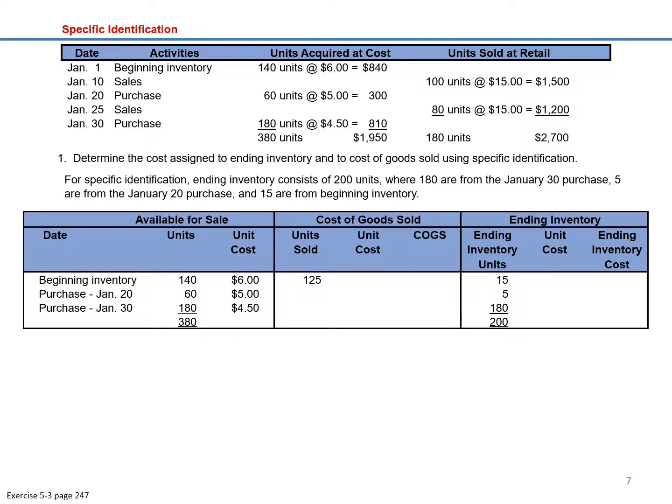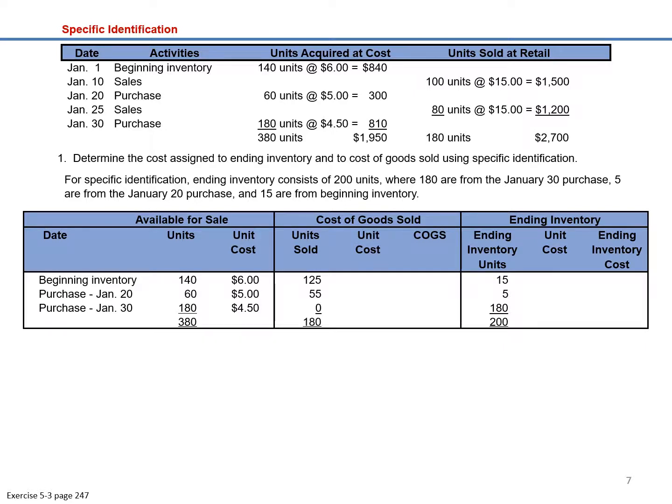125 plus 15 is 140. Then we have 55 units left, or rather in cost of goods sold from our 5 in ending inventory. So we started with 60. They tell us we have ending inventory of 5, so that means we have 55 in cost of goods sold. And we have all 180 of our January 30th in ending inventory, so we didn't sell any of those, okay?